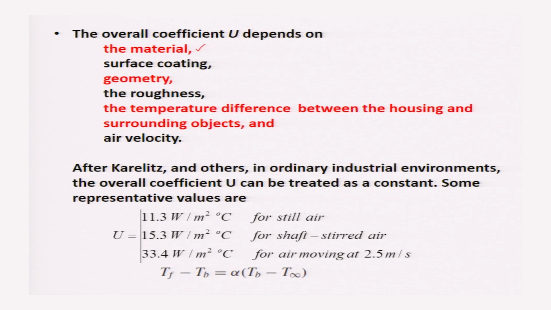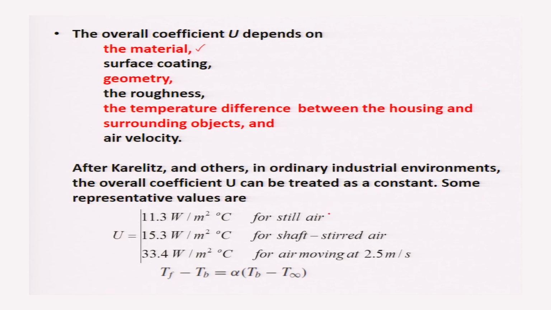After Karelitz and others, in ordinary industrial environments, the overall heat transfer coefficient U can be obtained from this formula. In this, the overall heat transfer coefficient has 3 values corresponding to 3 conditions.